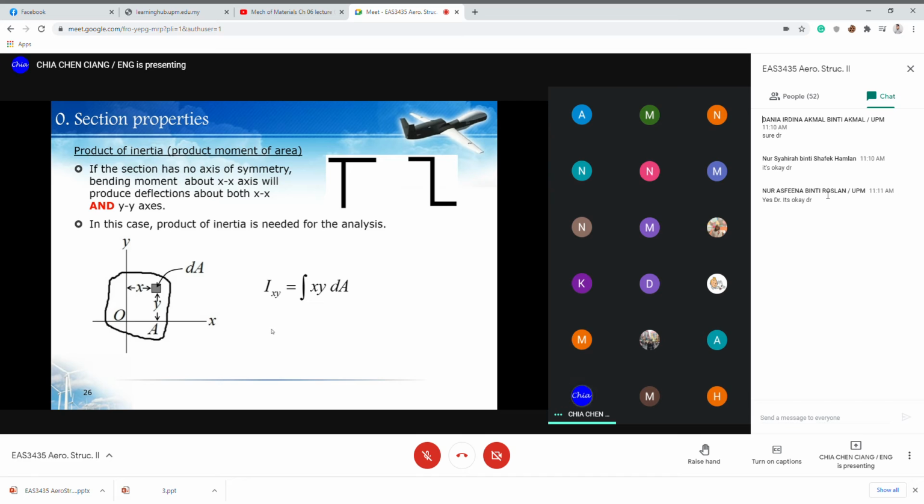So for a beam with IXZ not 0, you apply a force in the x direction, there will be deflection in the x direction as well as deflection in the z direction. Okay? I can repeat one more time. If IXZ of a beam is not 0, if you apply a force in the z direction, there will be deflection in the z direction and x direction. Okay? So product of inertia simply tells us the relationship between the axes.